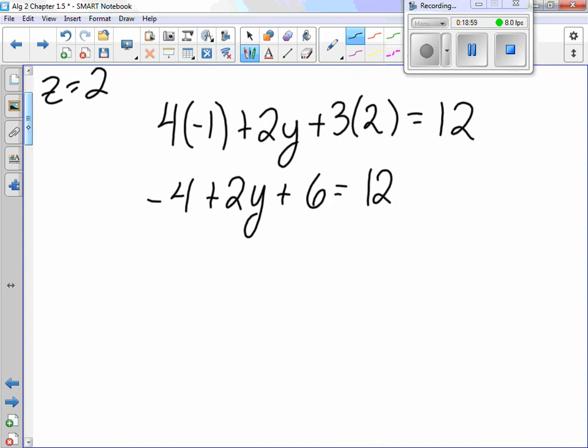I'd combine them first. Oh, yeah. On the same side of the equal sign, so we can combine them. Negative 4 plus 6 is? Almost.